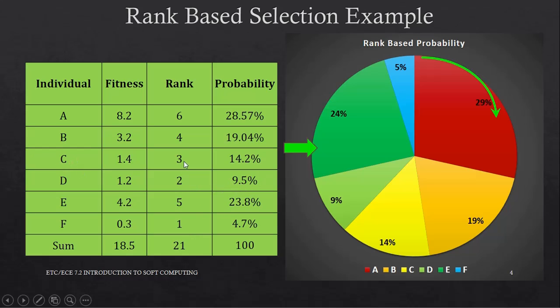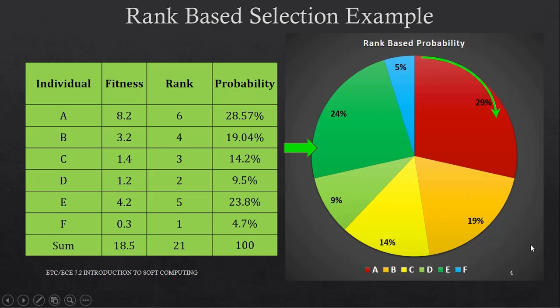C deserves 3 out of 21, that's 14.2%. B deserves 4 out of 21 divisions, that is 19.04%. Then E gets 5 divisions out of 21, that's 23.8%. And A gets 6 divisions out of 21, that is 28.57%. This gives us the percentage of area for each individual on the roulette wheel. The wheel then looks like this.